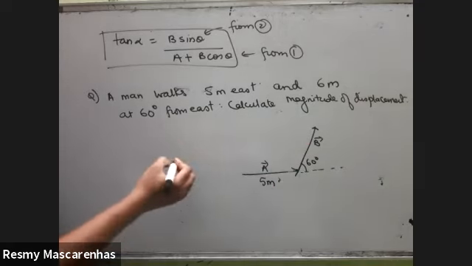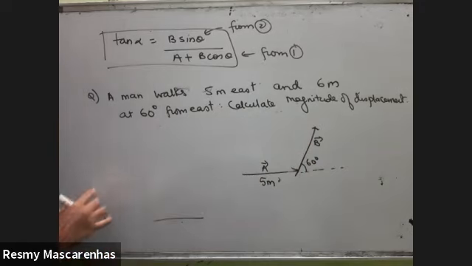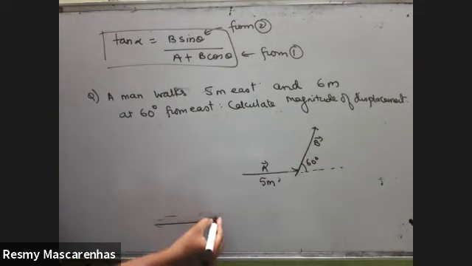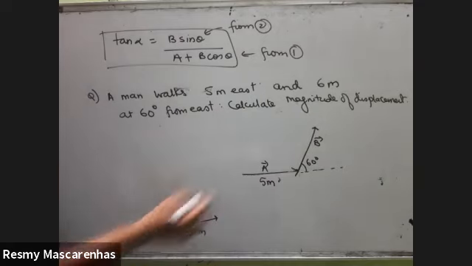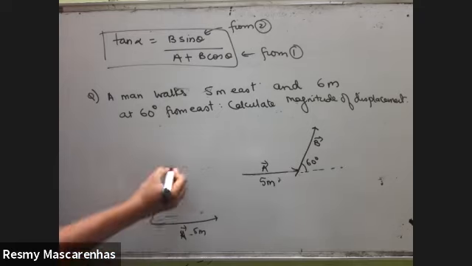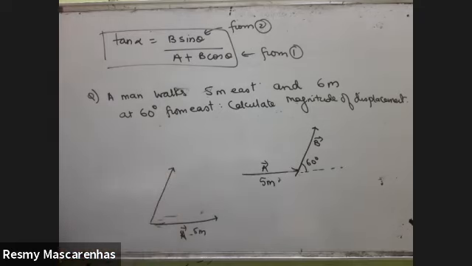So as per the first step, we have to do parallel shifting of B. So your solution starts from here. Don't do it here only. This was 5 meters. Now I'm shifting B this side. I'm not changing the angle, 60 only I'm keeping.